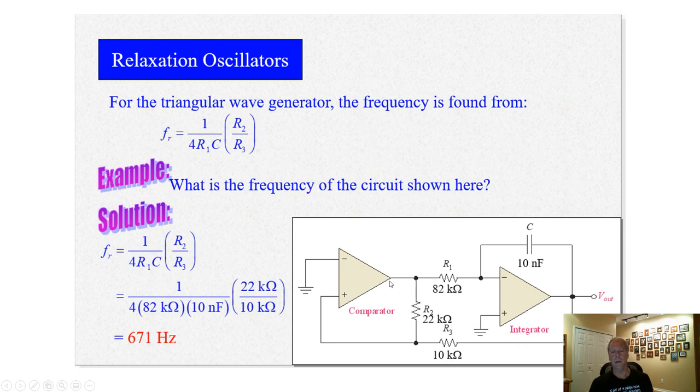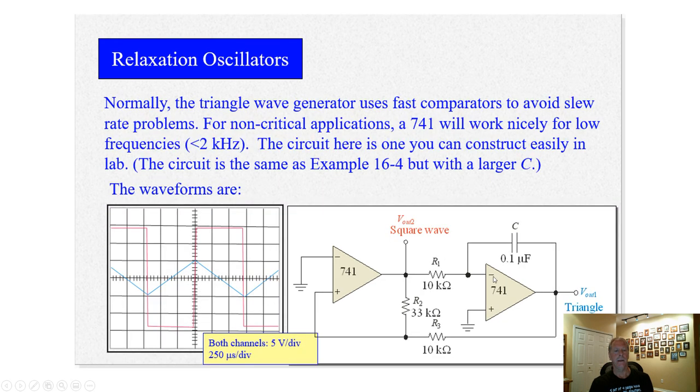Here's an example with some component values in it. This is the frequency of the oscillation, and the formula. For these particular component values, you're going to get 671 hertz. And this is what the waveforms look like.